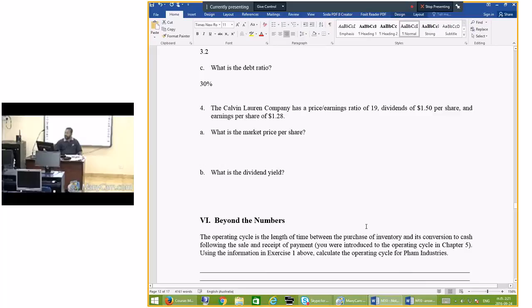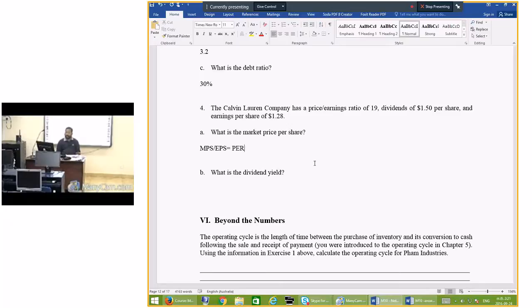Now, we don't know the market price per share. Market price per share, MPS, divided by earning per share, EPS, is equal to the PE ratio, PER.